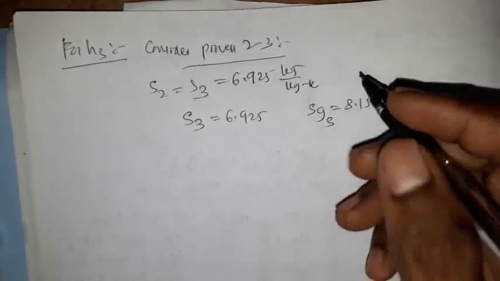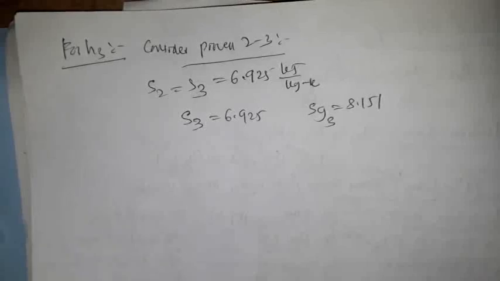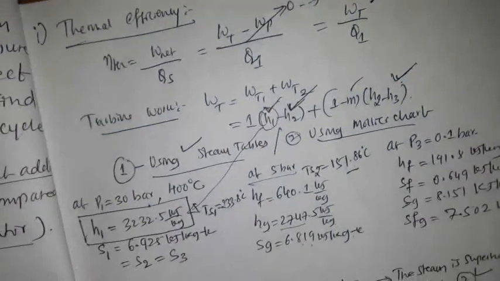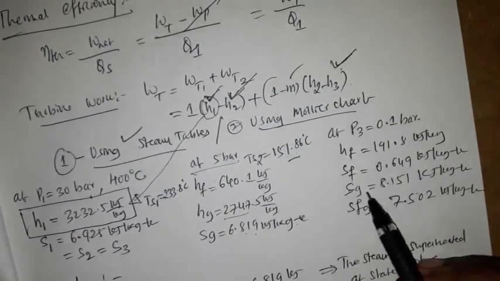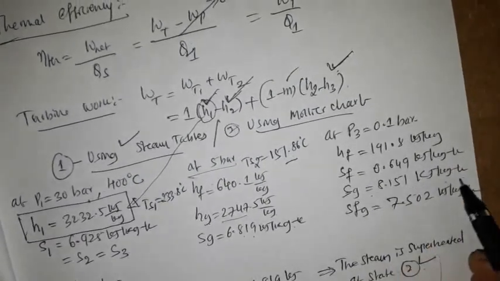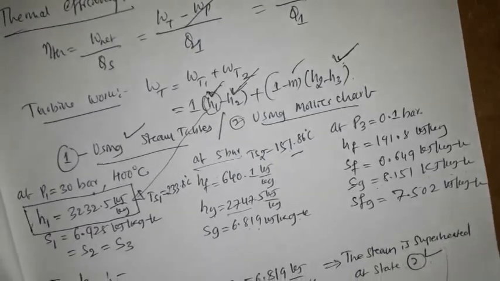We have noted down from the steam table Sg at 0.1 bar as 8.151 kilojoule per kg Kelvin.